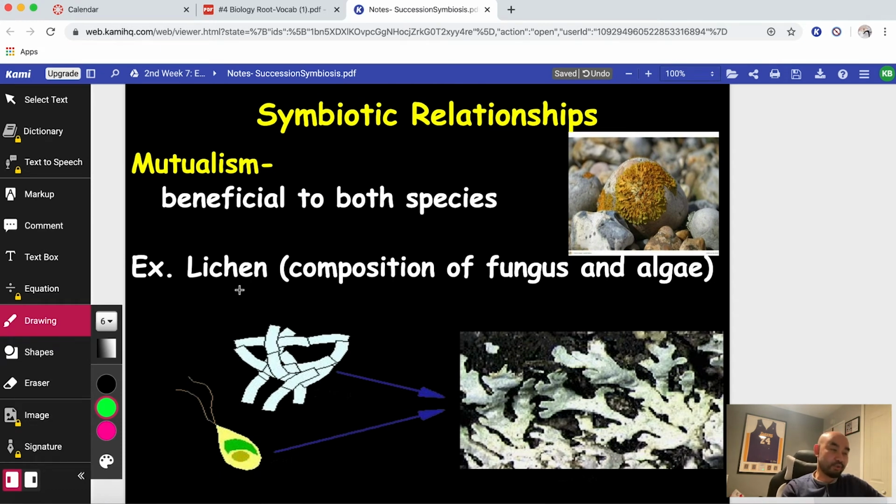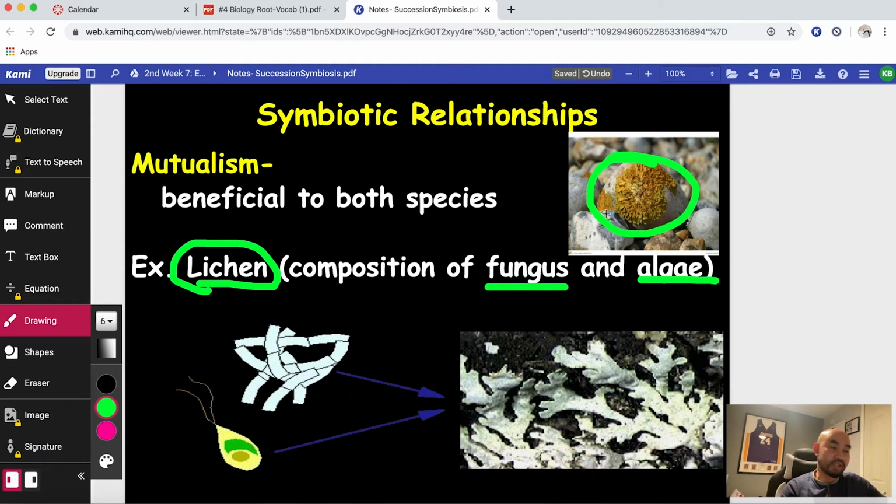And another example of a mutualism relationship is what we call, you guys have probably seen this before, a lichen. Lichen is actually a combination, right? You've seen this before on rocks or sometimes on trees. You see these little molded things. So the lichen is actually a composition of two different organisms, fungus and algae. They work together to create what we call lichen.